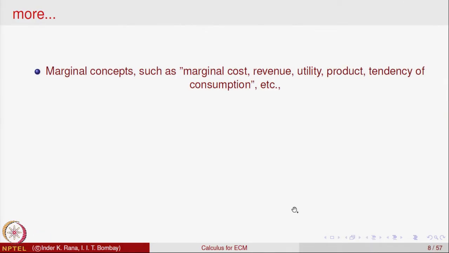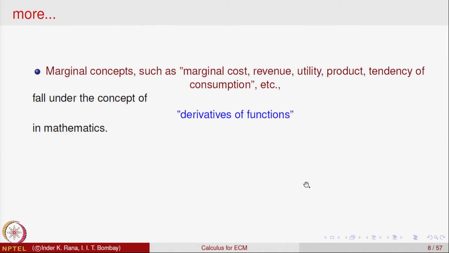Marginal concepts such as marginal cost, revenue, utility, product, tendency of consumption, etc., all fall under the concept of derivative of functions in mathematics and their applications.